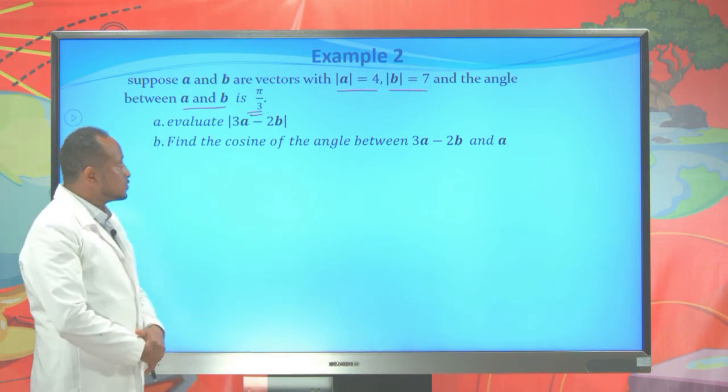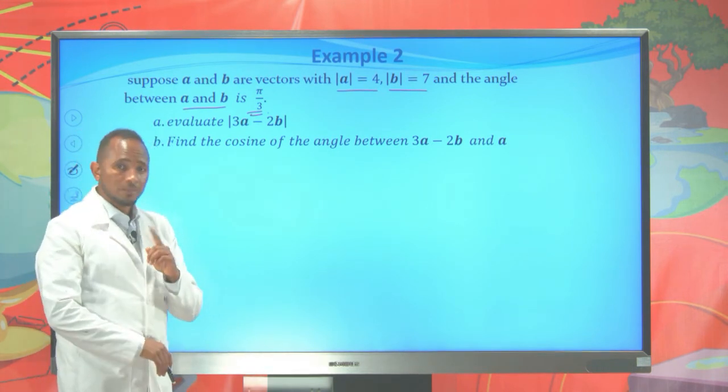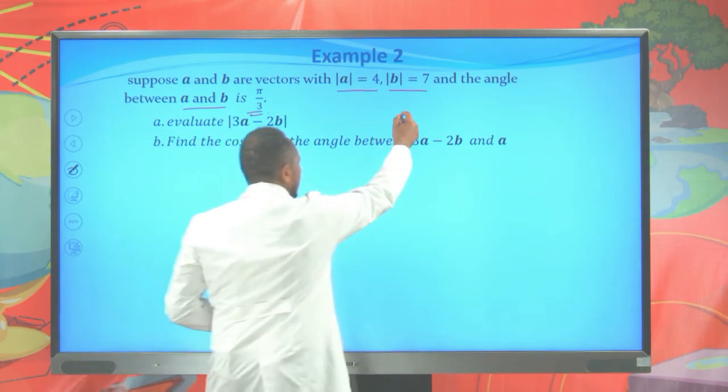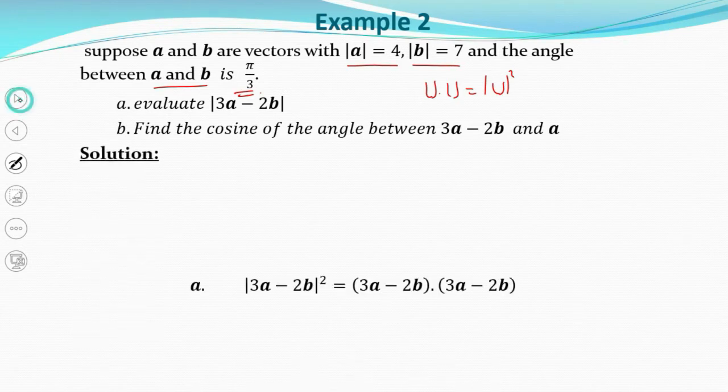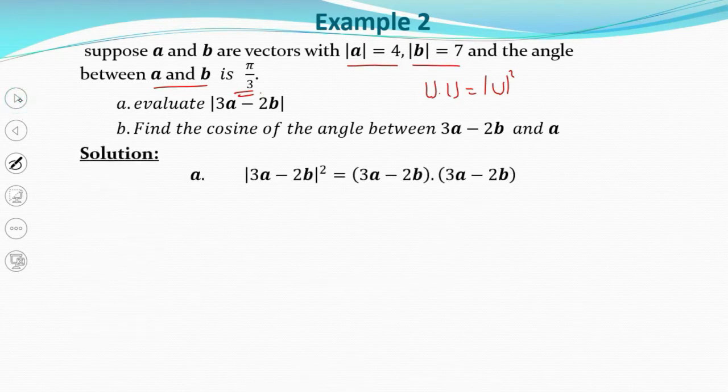To do this, we use this property. U dot U, as we said earlier, is the magnitude of U squared. Using this concept, we can solve this. The square of the magnitude of this vector is equal to the dot product of the vector 3a minus 2b dotted with 3a minus 2b.